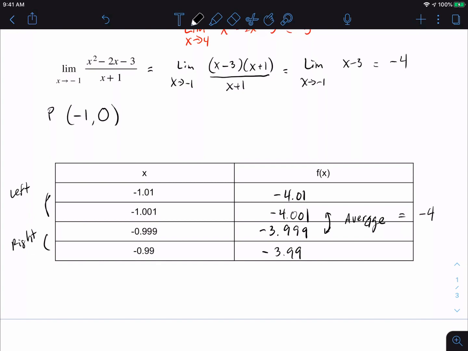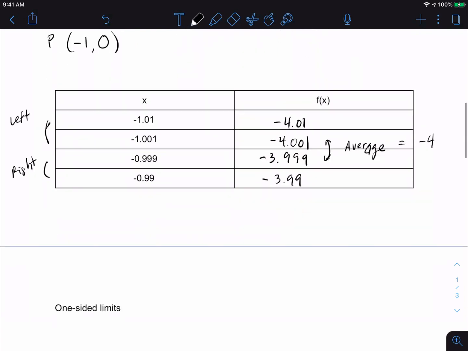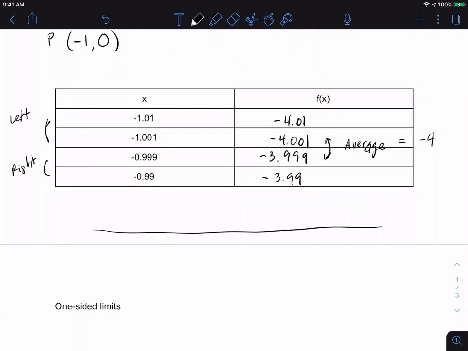Professor? Yes. What does it exactly mean when it says left and right? Okay, so cool. It's the way I'm approaching it. With limits, if I took a number line, if this is -1, and this is -1.001, this is -1.01, here is -0.999, here is -0.99, over here 0, right?